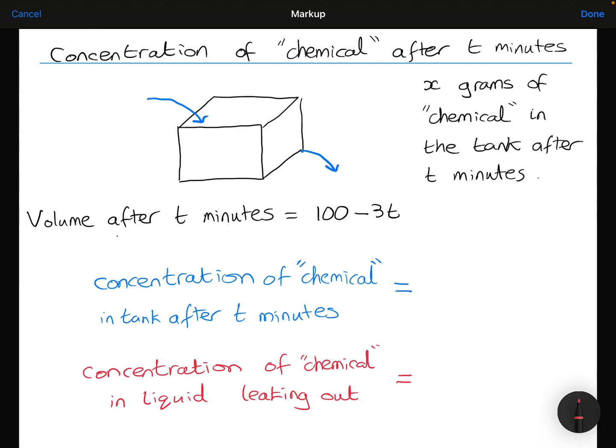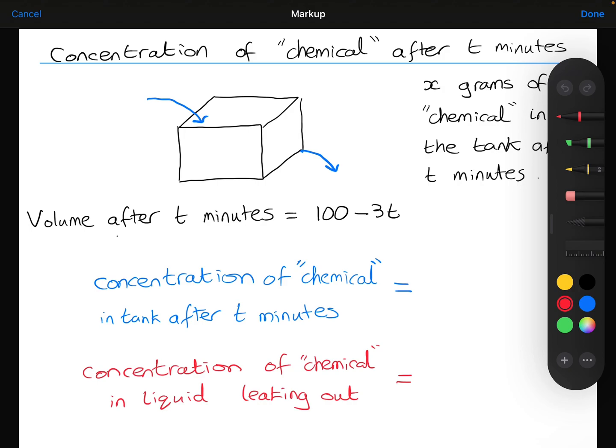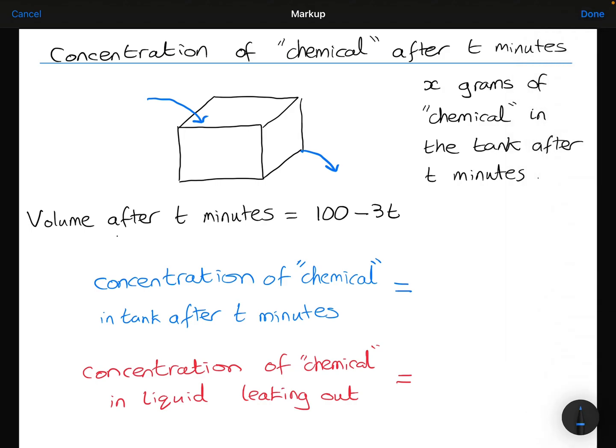If I said that there were x grams of chemical inside this tank, then the concentration of that chemical would be how much of the chemical we have divided by the volume. So the concentration of the chemical in this tank after t minutes is the amount we have divided by the volume, so x divided by 100 minus 3t.